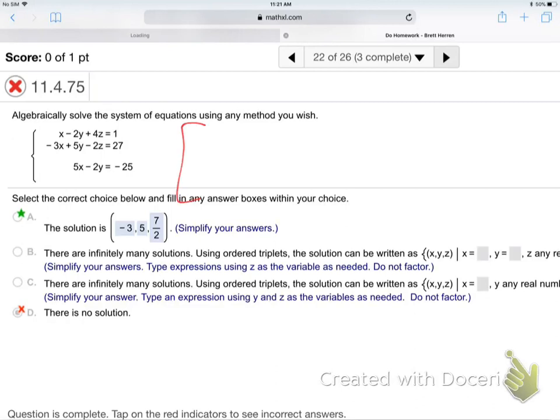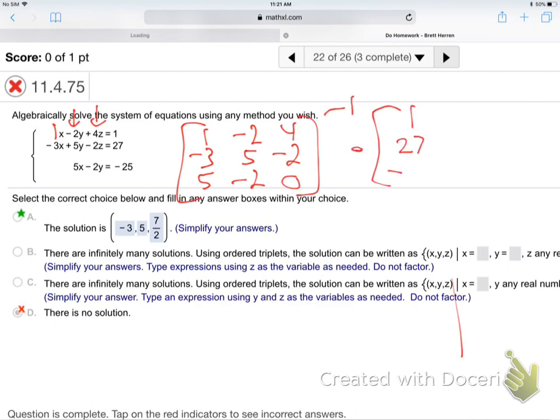Take this and go 1, negative 2, 4, negative 3, 5, negative 2, 5, negative 2, 0. 0 for z there. Inverse times the matrix on the right. 127 minus 25. Boom, you get your answer. Easy peasy, lemon squeezy.